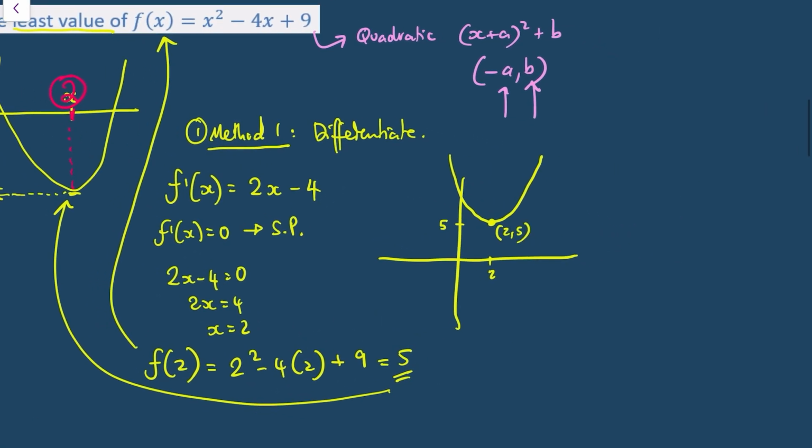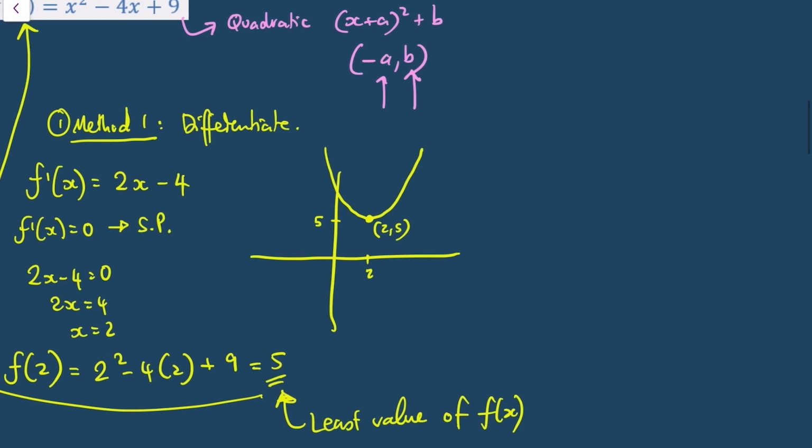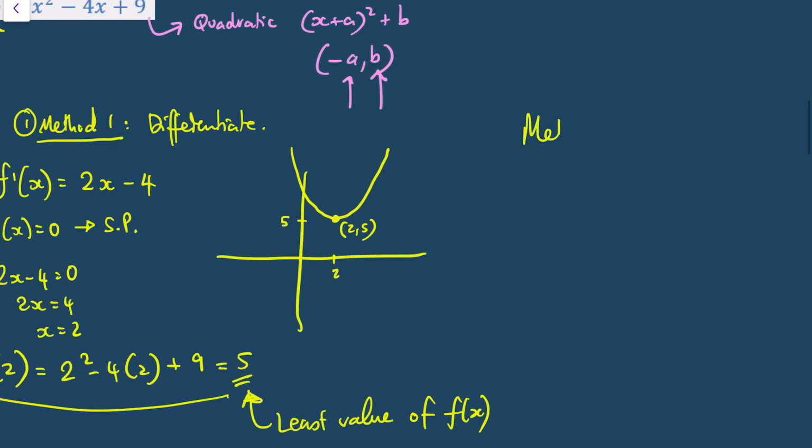Okay, so method 2, hang on, before I move on, this here is then my least value of f of x, or also known as the minimum value, the lowest y value, the lowest value that the curve dips down to. Okay, so method 2, because it is a quadratic, I can complete the square.